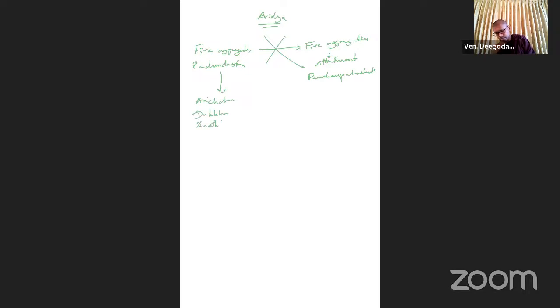If you constantly see this as anicca, dukkha, and anatta, the result would be the attachment would reduce, and you would see the reality, and this would not occur because you are seeing it as anicca, dukkha, and anatta.